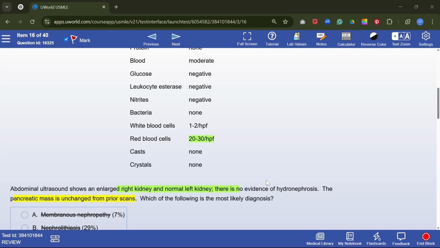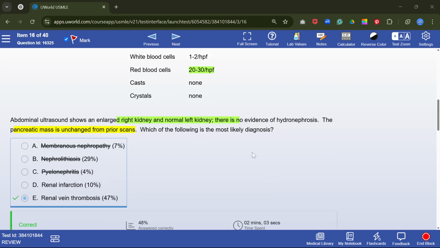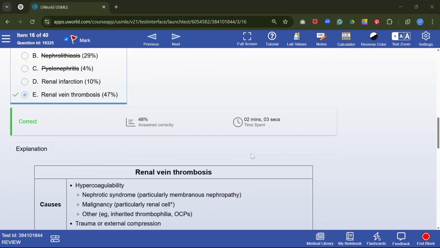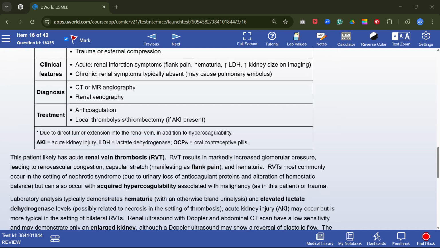These are very high yield points. So this looks like RVT, renal vein thrombosis. In this patient with acute renal vein thrombosis, glomerular pressure is markedly increased, leading to renovascular congestion and capsular stretch, manifesting as flank pain and hematuria.